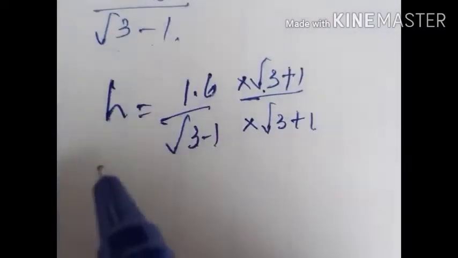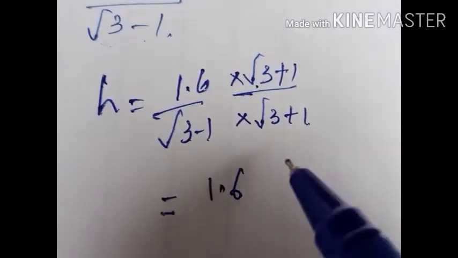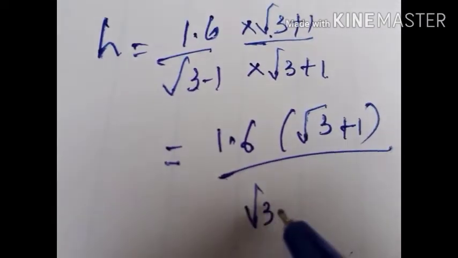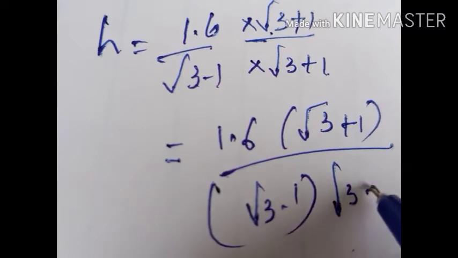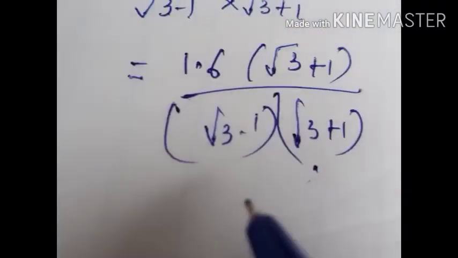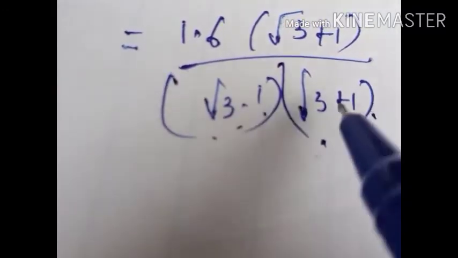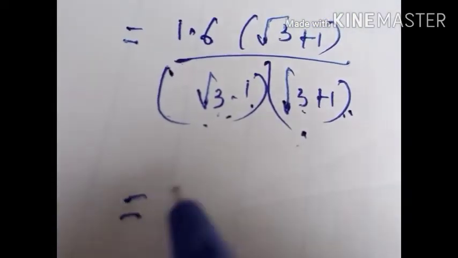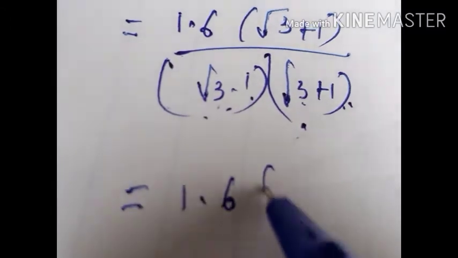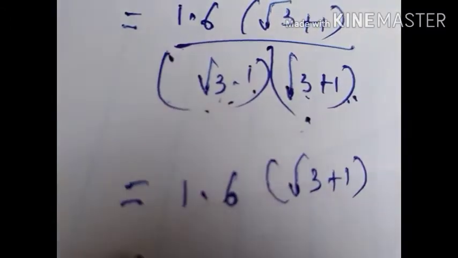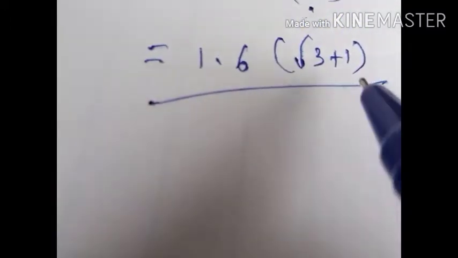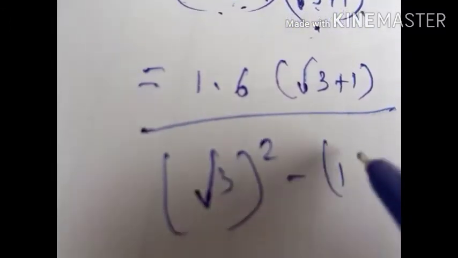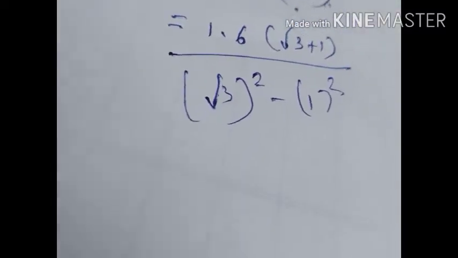So now this is equal 1.6 into root 3 plus 1 by root 3 minus 1 into root 3 plus 1. This is the identity a minus b into a plus b, which is a square minus b square. But numerator has no change, 1.6 into root 3 plus 1. Then in the denominator a square minus b square.